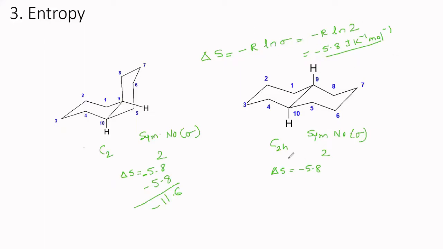When you put it in, both have equal entropy of 5.8, but this cis will have an additional 5.8 because it undergoes flipping to give one more structure, which is the isomeric form of it. That structure will also have symmetry number 2, and that's why the additional 5.8. In short, this one has 11.6 and this one has 5.8, so what is the difference between the two? 5.8. That's the energy difference.